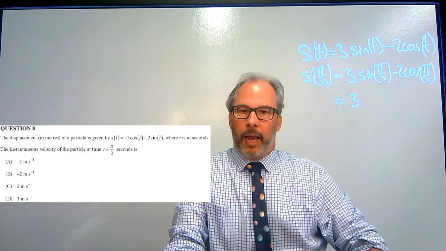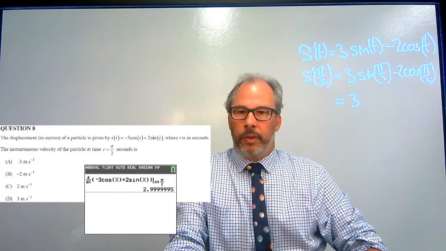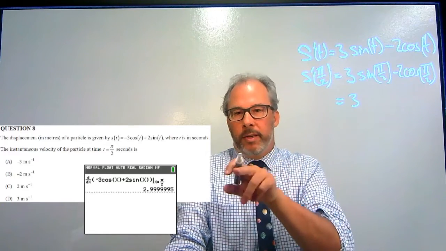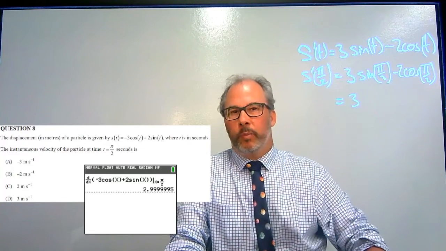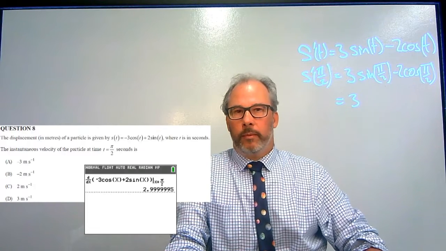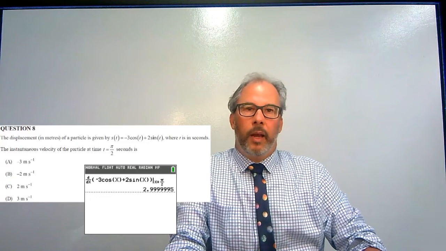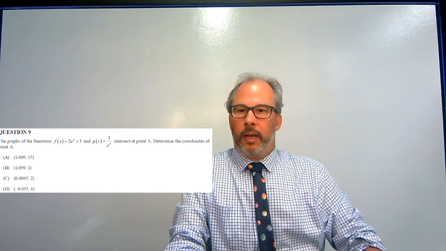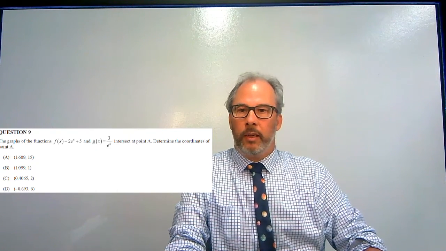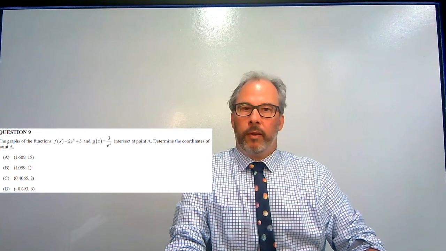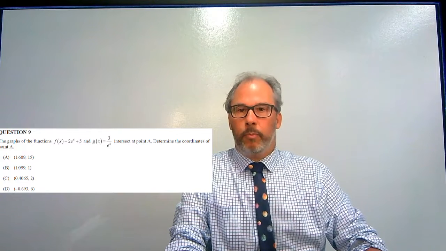I could have used my calculator to do this, using the derivative feature, but I think by the time it took me to type that into the calculator, doing this by hand is a little bit quicker. So the answer is D. And question 9 is definitely easier to do using your calculator. You've got f of x equals 2 to the power of 2e to the x plus 5.